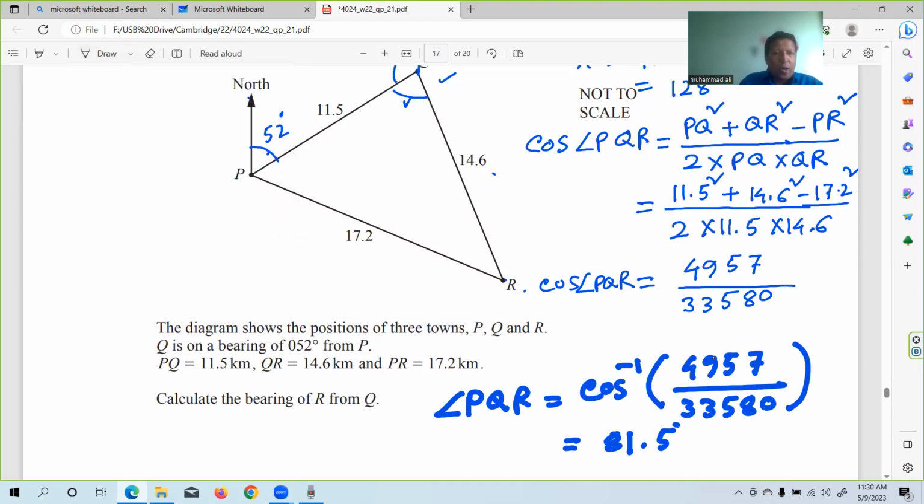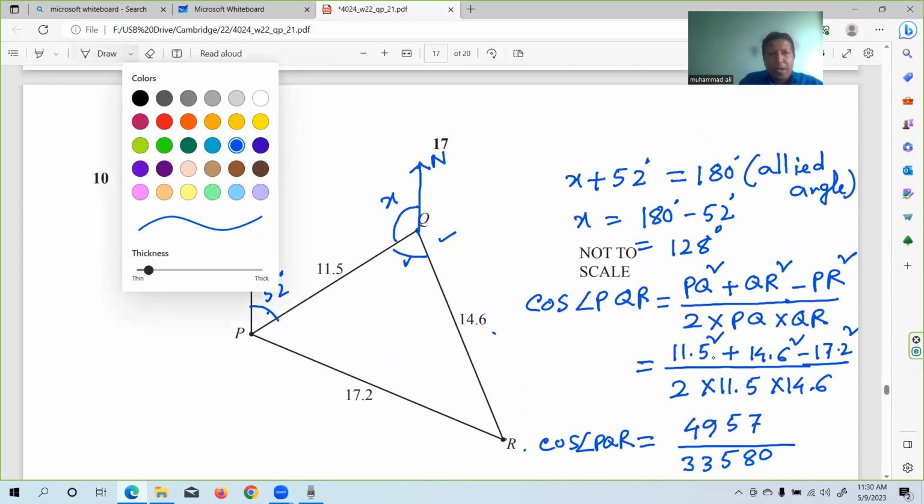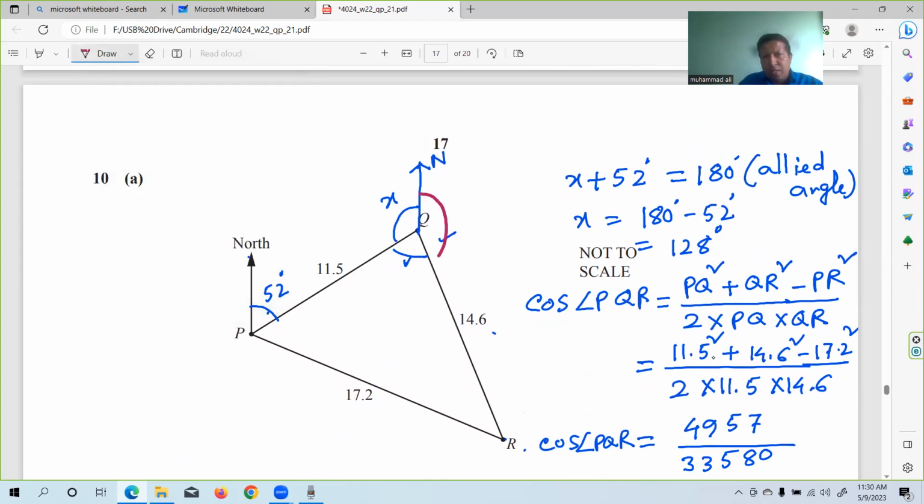Now we want the bearing of R from Q. So remember, bearing of R from Q, that means we want this angle. Definitely it will be started from north with clockwise rotation. Remember this angle and that angle, addition is 360 degrees.